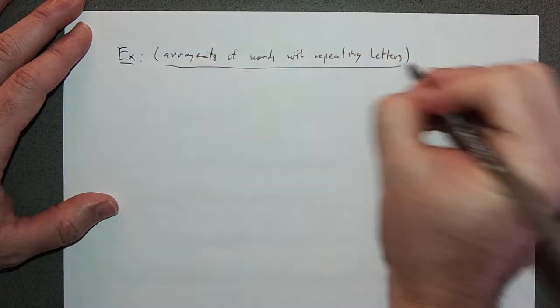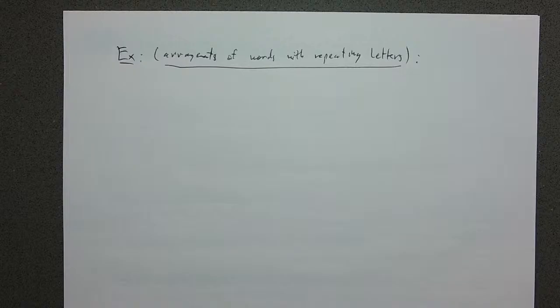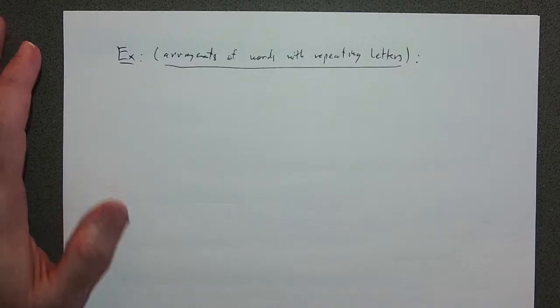So this is one of the best applications of using the multinomial coefficients to count something, because otherwise you would essentially have to derive them to do this count. So what is the idea here?